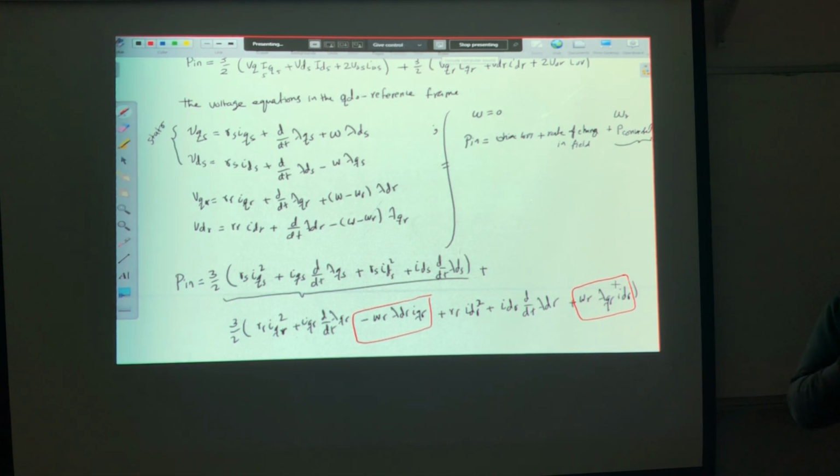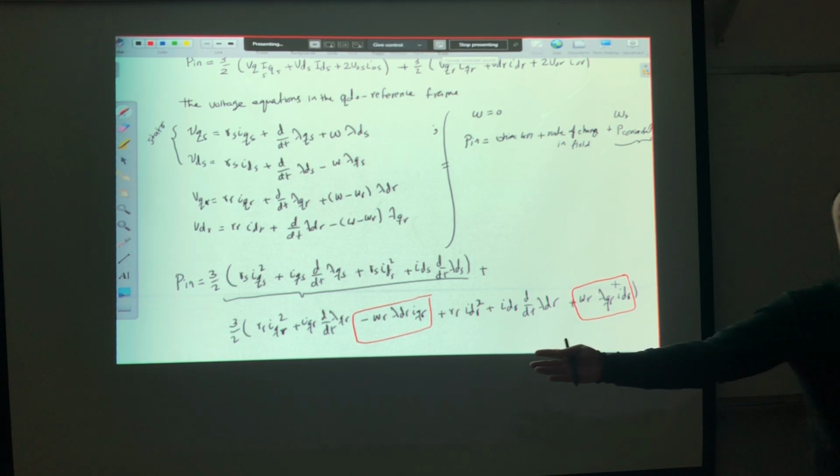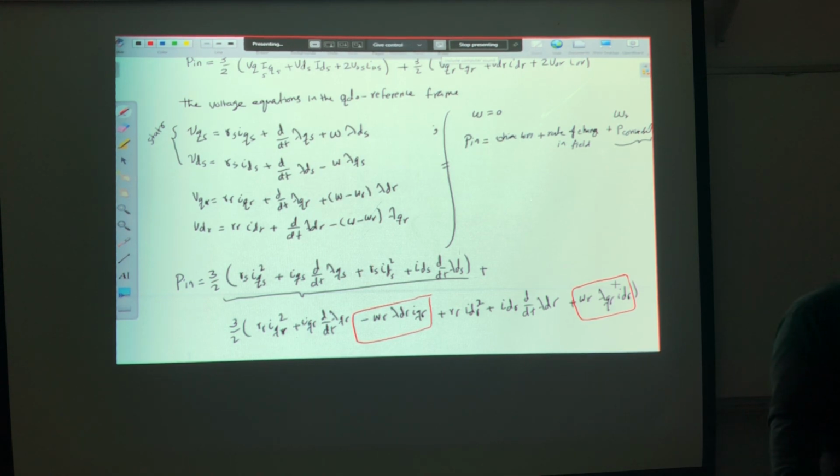And in general, you know that we like to describe anything in terms of the stator variable. Why? Because we can measure it. I cannot measure, for example, if I'm having a squirrel cage, can I measure the rotor current? No. So how can you measure it?